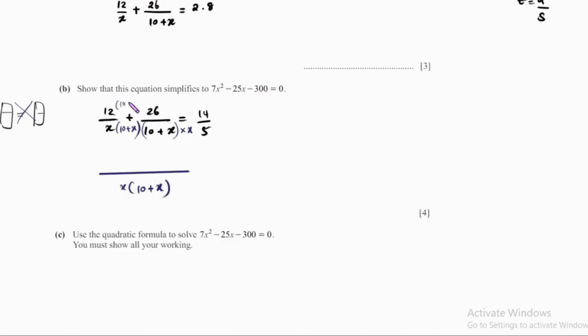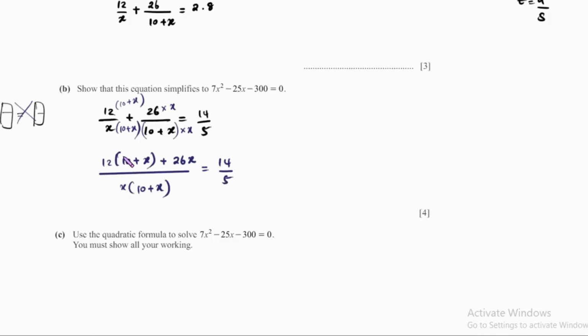I need to do the same thing to the numerators as well, because if I make a change to the denominator, I need to make the change to its numerator as well. So that becomes 12 times (10 plus x), and on the other side I have plus 26 times x, which is 26x. This is equal to 14/5.